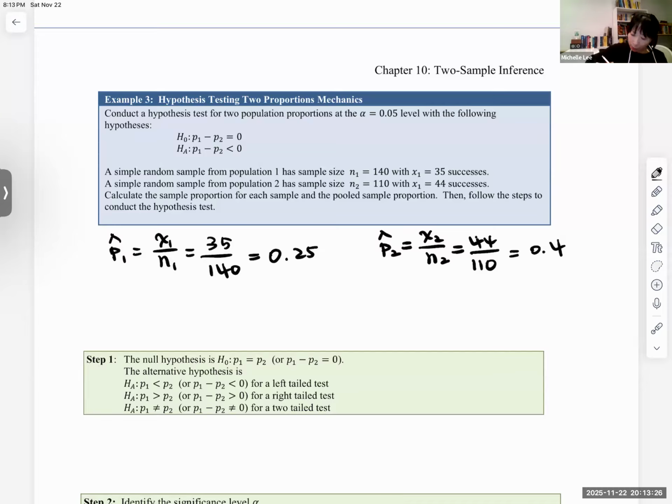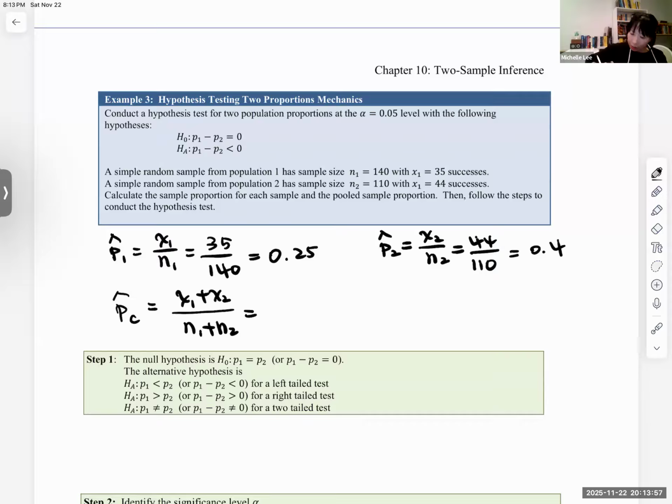Combined sample proportion, right? Just a p hat. So let's use the combined pooled: x sub 1 plus x sub 2 over n sub 1 plus n sub 2. I don't want you to get confused with just a p hat by itself, but in this case we know that we are using two sample proportions.